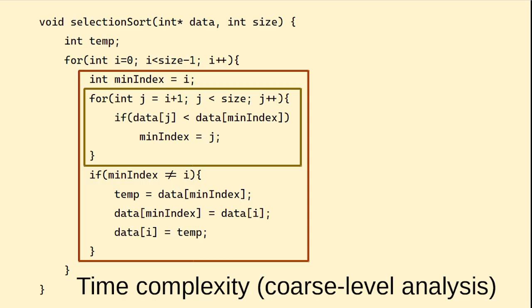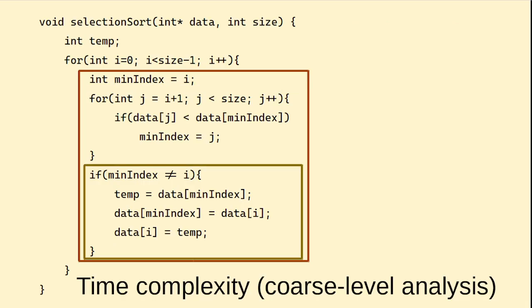Now after that we have a swapping operation. If we assume that this swapping operation takes place only size minus 1 times, then the external loop will execute size minus 1 times.